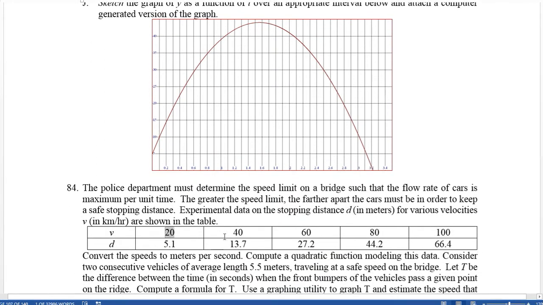So this is the velocity in kilometers per hour. This is the safe distance, how many meters you need to be between the cars in order to safely be able to stop. So if the car in front of you slams on the brake, if they're going 60 kilometers per hour and they slam their brakes on, you're going to need 27.2 meters to react and slam your brake on, and stop without hitting the car in front.